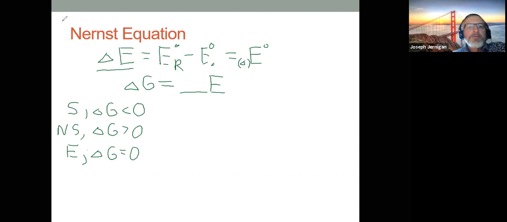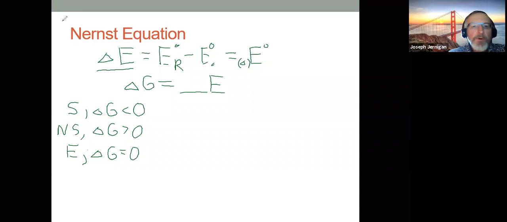Now I would like to ask you, if delta E is positive, is a positive delta E consistent with a downhill or spontaneous reaction? Yeah. So that's right. Therefore, the relationship between delta G and delta E has to have a negative sign, right?